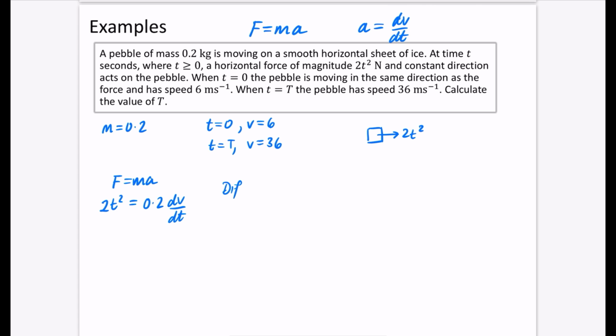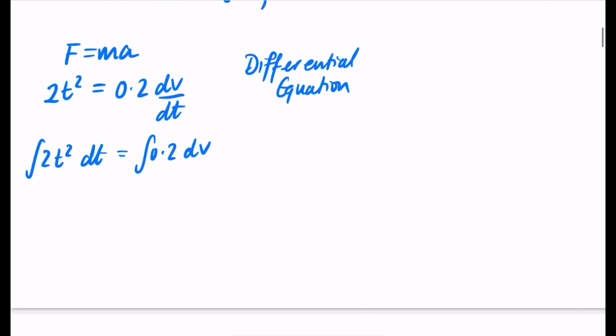And here we have a differential equation, which is really the theme of what all of chapter 4 was about. So I'm just going to integrate this. I'm going to put the dt onto this side, so I get the integral of 2t squared dt is equal to the integral of 0.2 dv. Integrating this, I'm going to increase the power, divide by that new power.